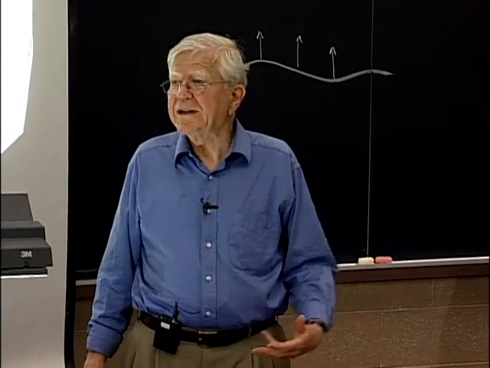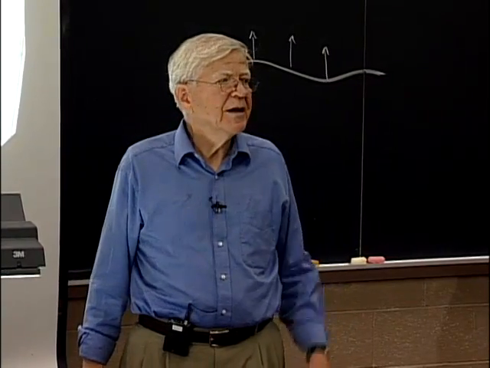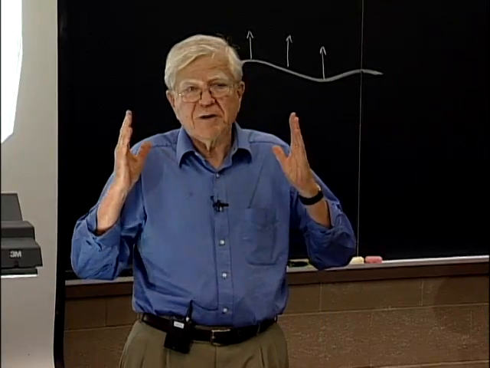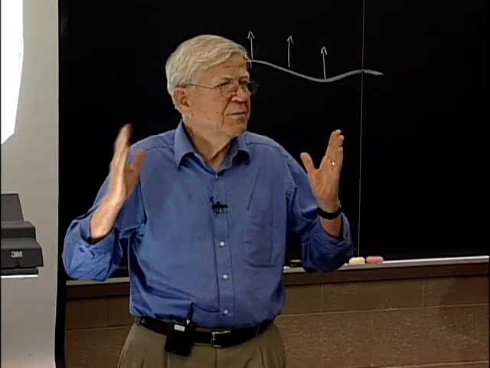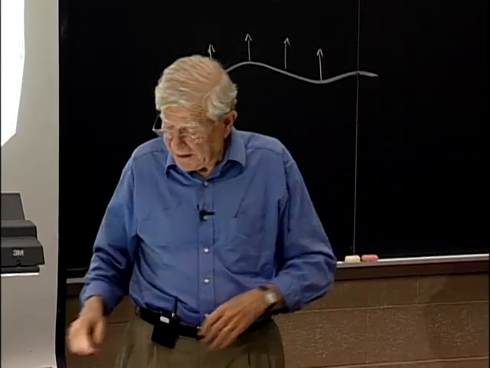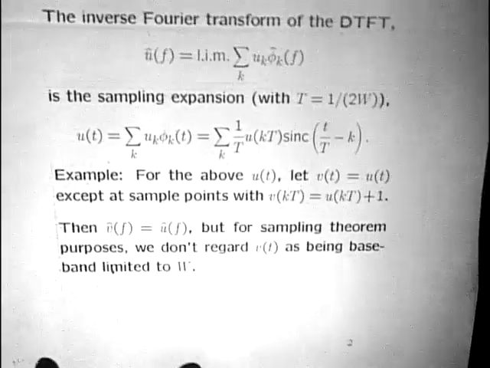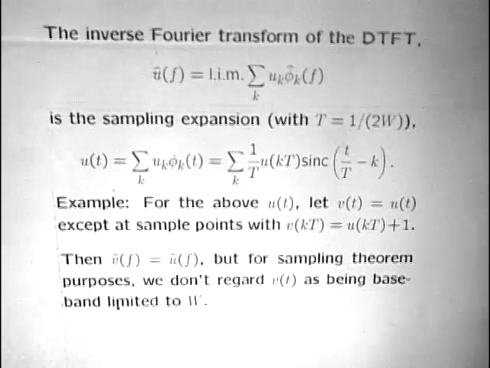What we mean now by baseband limited is that u of t is the inverse transform of a frequency function which is limited to minus W to plus W. In other words, we will regard u of t here as being baseband limited. We will not regard v of t as being baseband limited.